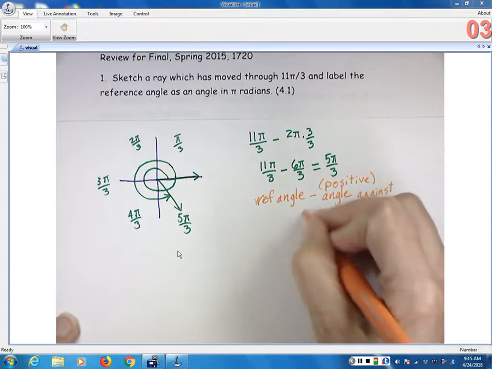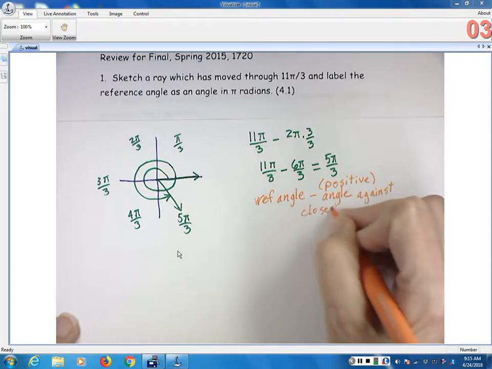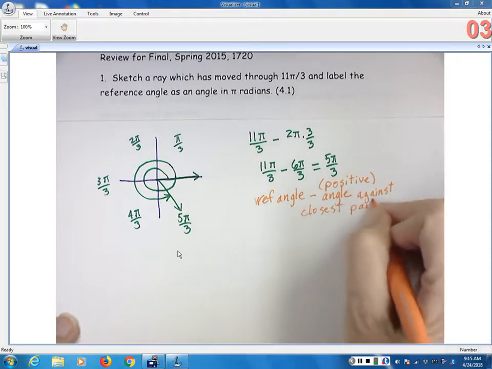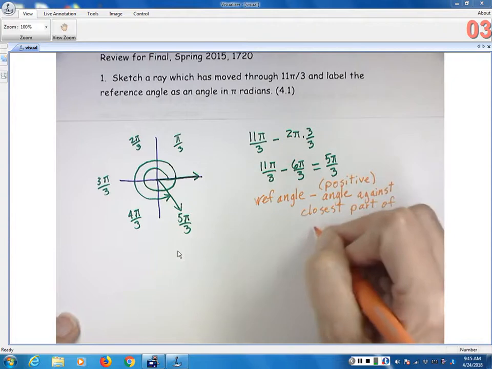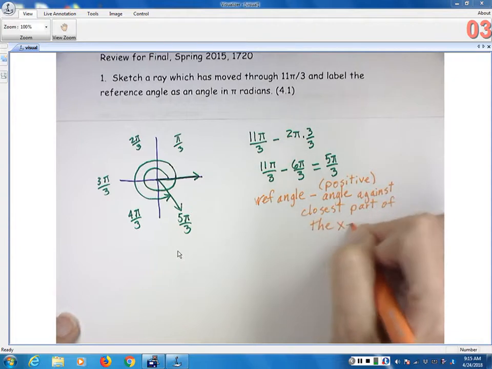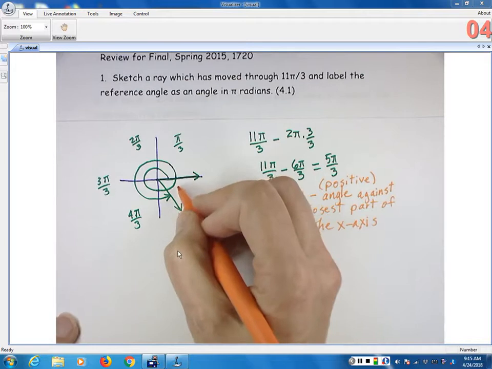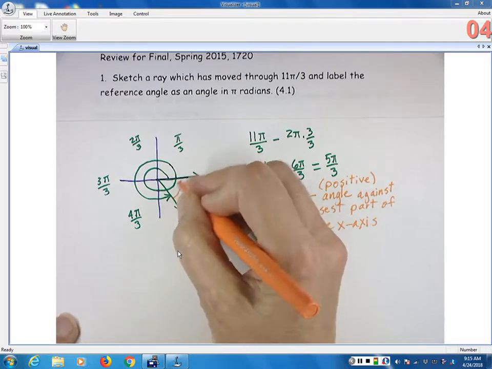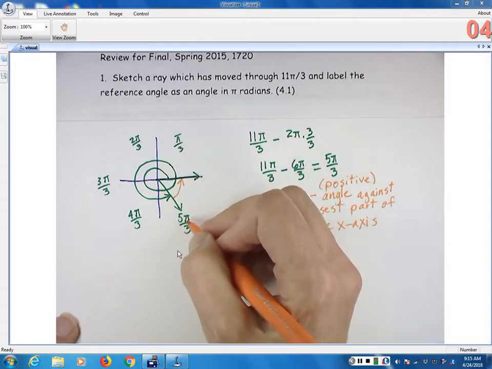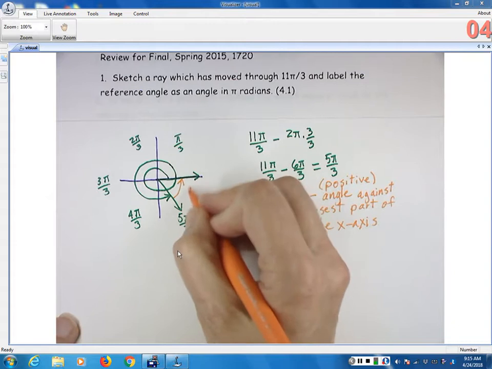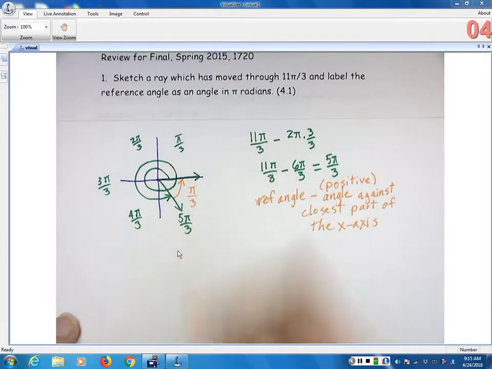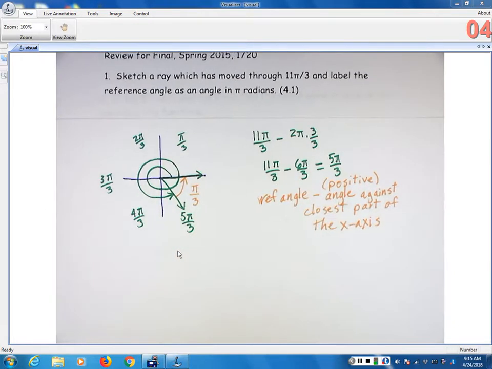Against the closest part of the x-axis. So that's this right here. This angle is pi over 3. That's the reference angle.